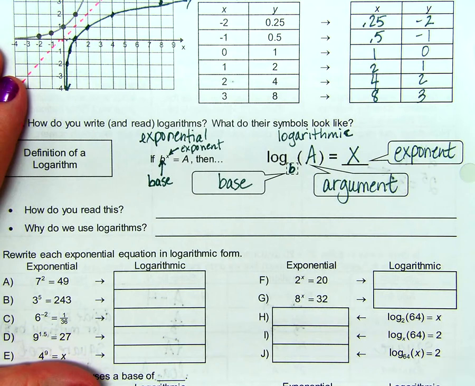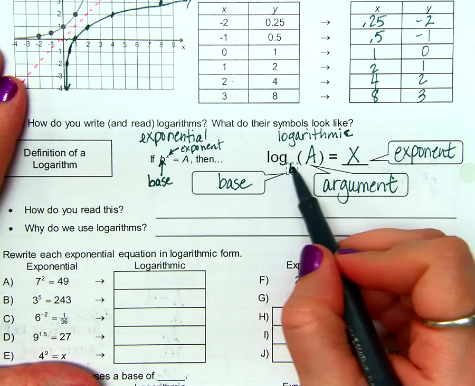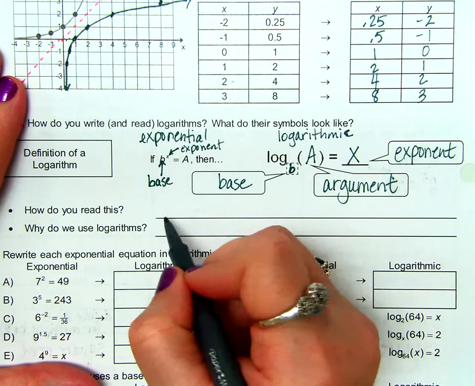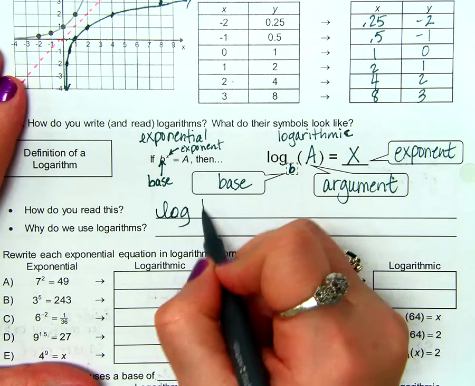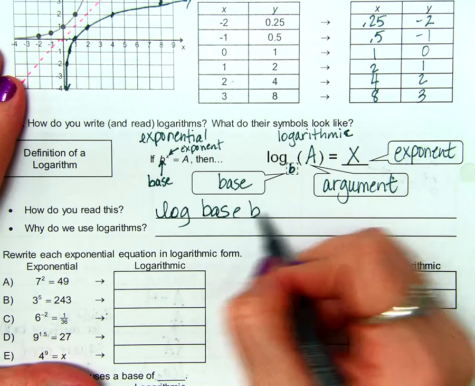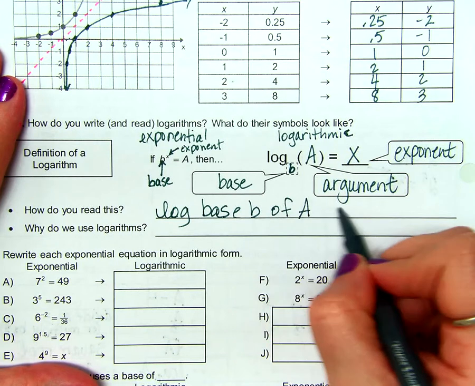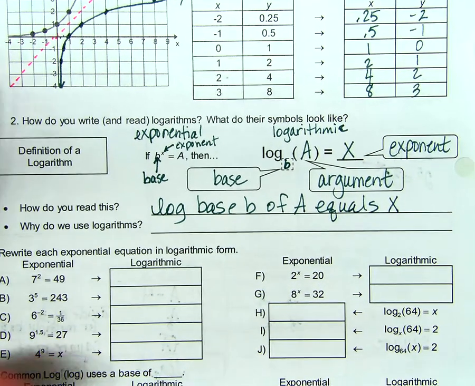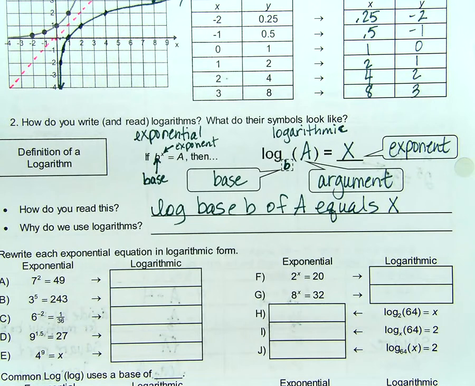Fair enough? If I am reading this mathematics sentence right here, I'm going to say log base B of A equals X. She said log of A base B equals X. She was taking care of the argument and then pulling in the base.